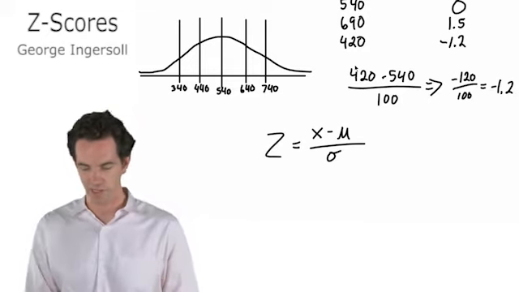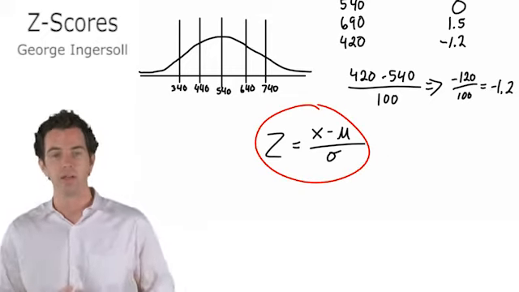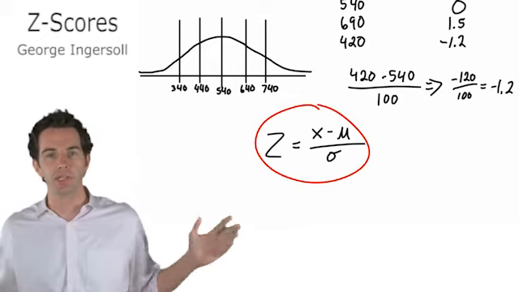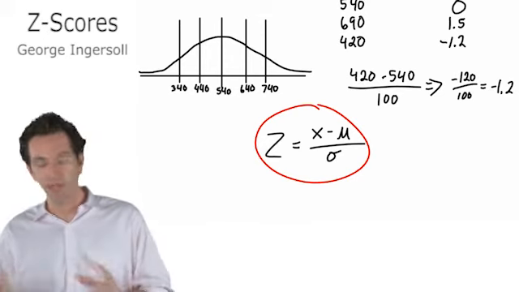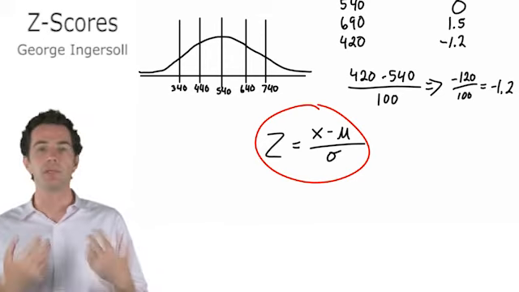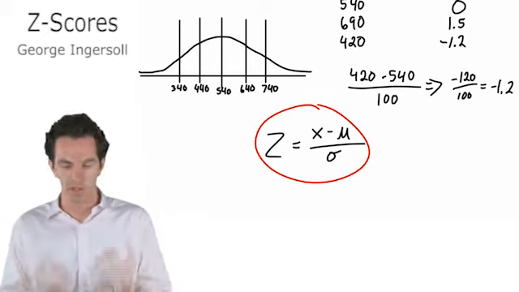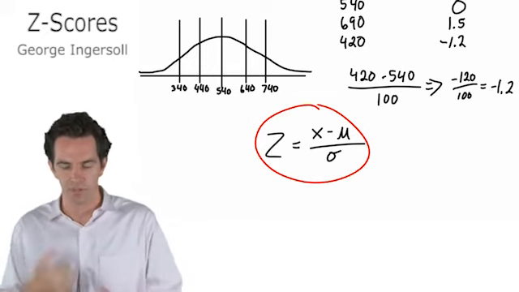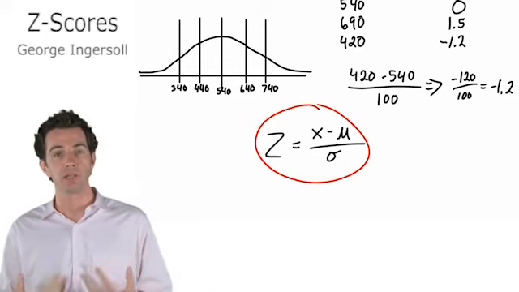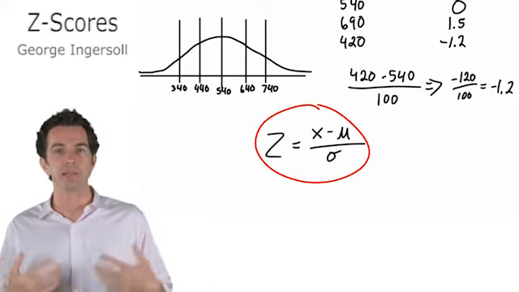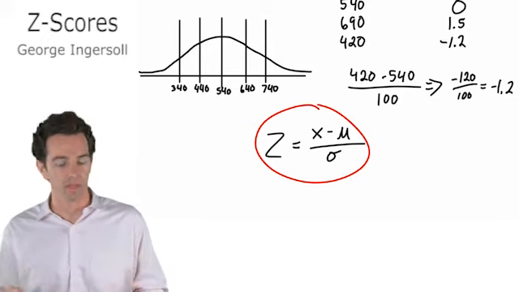It makes a lot of sense. It's not a particularly difficult equation, but it comes up all the time. Whenever you're dealing with normal distributions, you're pretty much always going to go to this equation. Now you might have different unknowns. You might not always be looking for the z-score, but you're going to come back to this equation and use it. So we're going to look at a lot of examples in this video on how you use this equation, what the z-score means, and how it can be translated into probabilities.